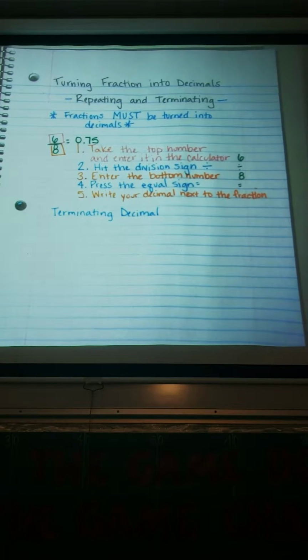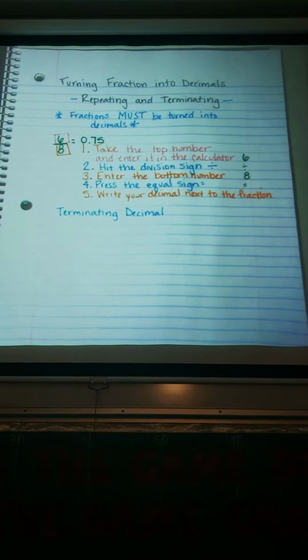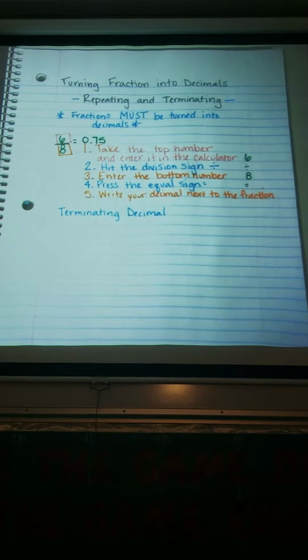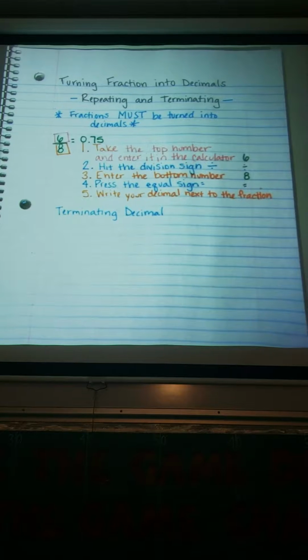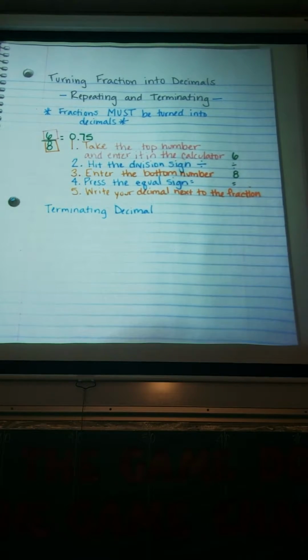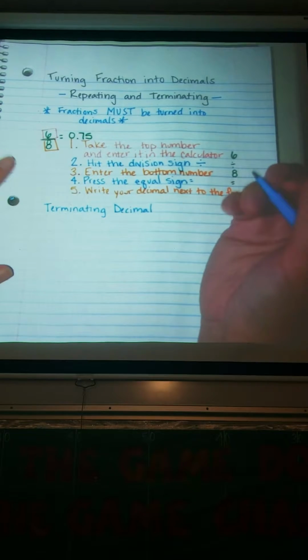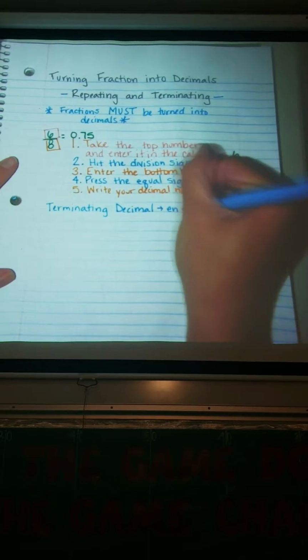Some of you have seen the movie The Terminator. The Terminator ends people. A terminating decimal has a definitive or a very set ending. You see where the number ends. Like 0.75, it ends at that 5. There's nothing extra behind it. You see that it ends, there's no more numbers. Okay, so a terminating decimal, it ends.